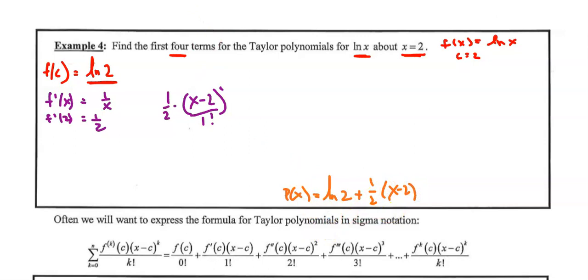All right, and now let's keep on going with our third term, which would be our second derivative. So everything that we do is all about the 2's. The derivative of 1 over x is negative 1 over x squared. And actually, let me just say something really fast about this, because I tell students that 1 over x and the square root of x should be two derivatives that they should know pretty well.